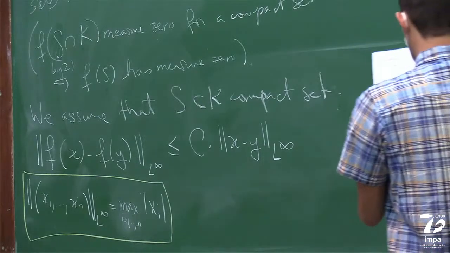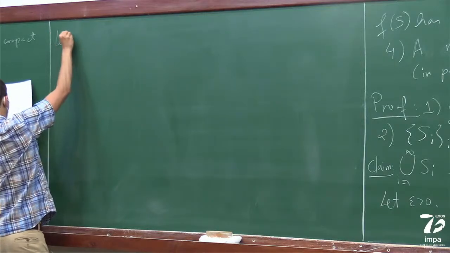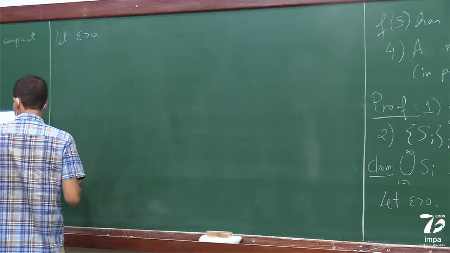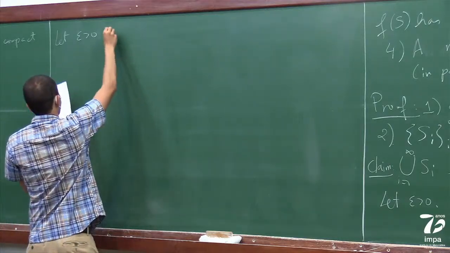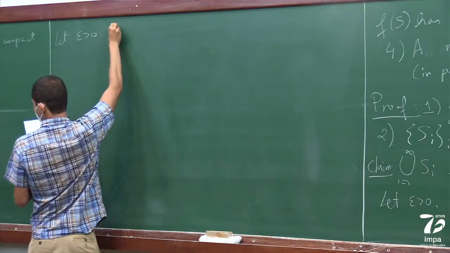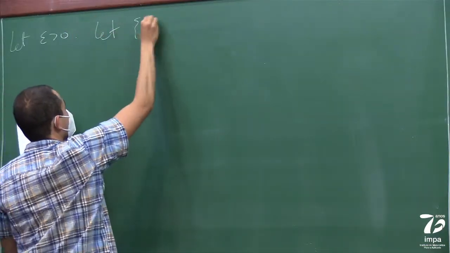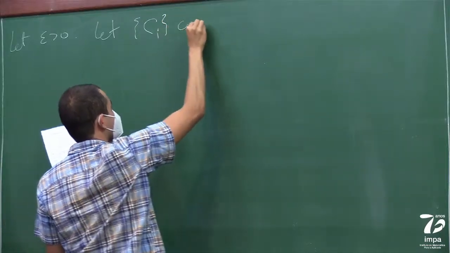So now we fix an epsilon, as usual. Let epsilon be a positive number. Then we have an open cover.